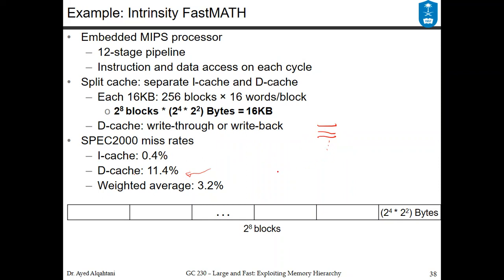But in the data cache, accessing data is random. It could be anywhere. And because of this, you will have a higher miss rate. So the weighted average between those two miss rates is 3.2%.